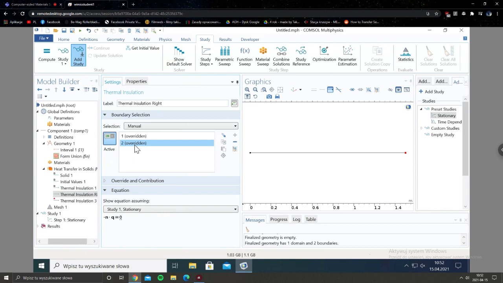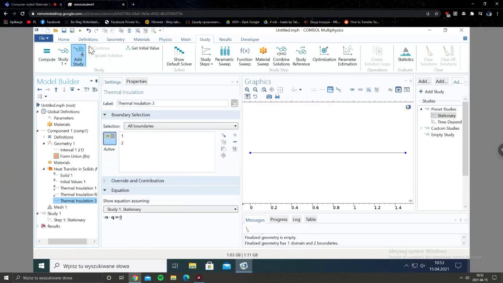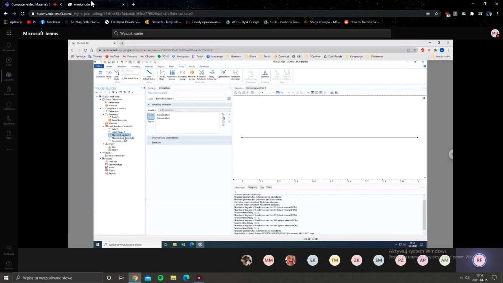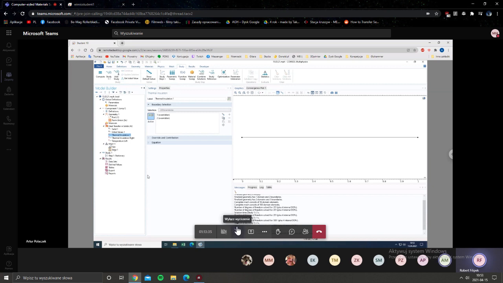And it means that everything which was a boundary condition here was overridden, and the default one was thermal isolation 1. Click please thermal isolation 1, and you can see that those boundaries are overridden by thermal isolation right and temperature left. Is it clear now? Yes, thank you. Okay, thank you.